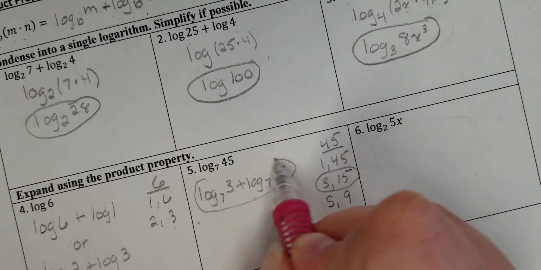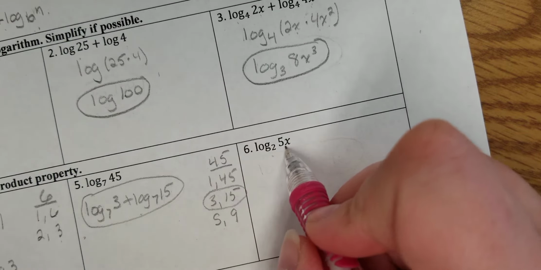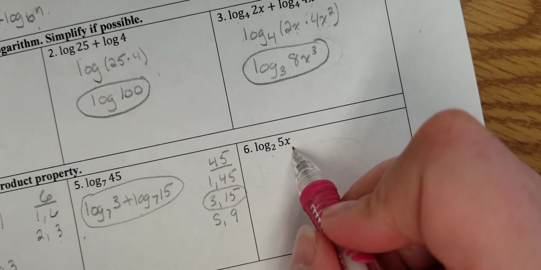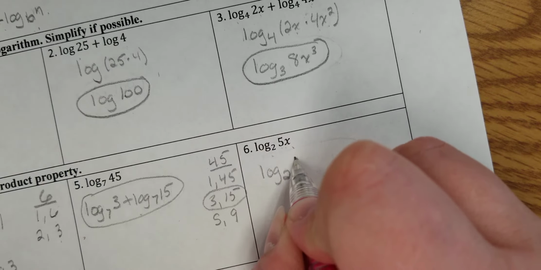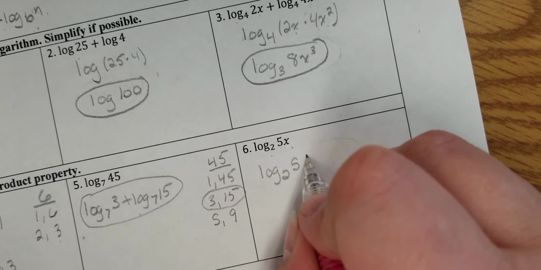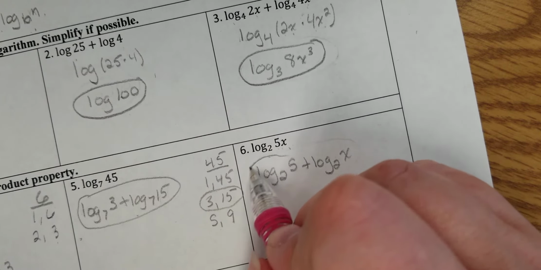And that is our answer for that one. Now for 6, if we have log base 2 of 5x, the only factors to get 5 times x are 5 and x. So it becomes log base 2 of 5 plus log base 2 of x. And there's our answer.